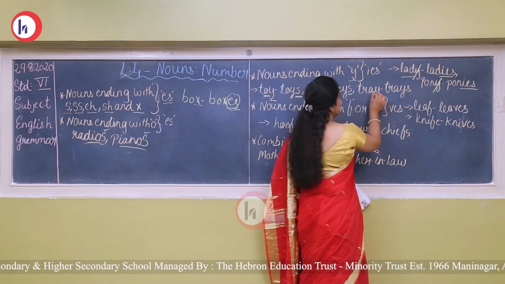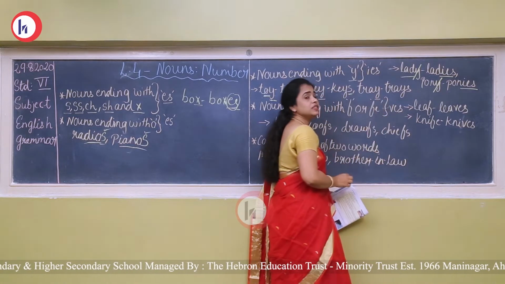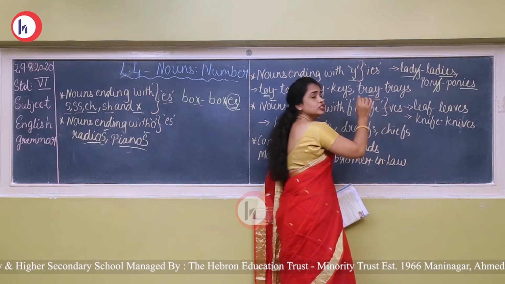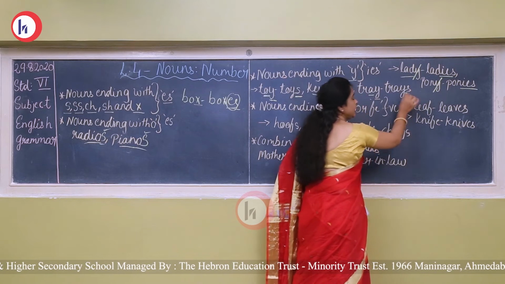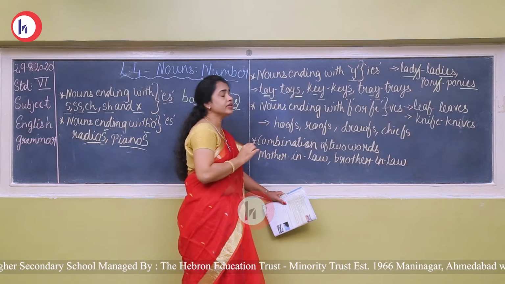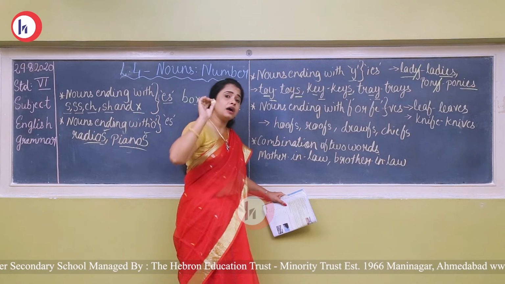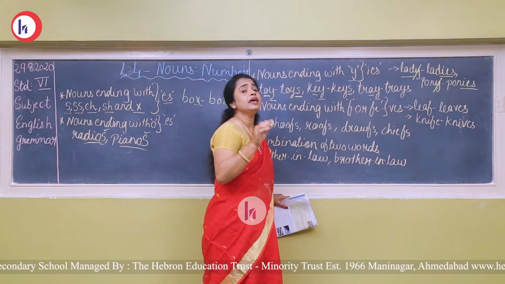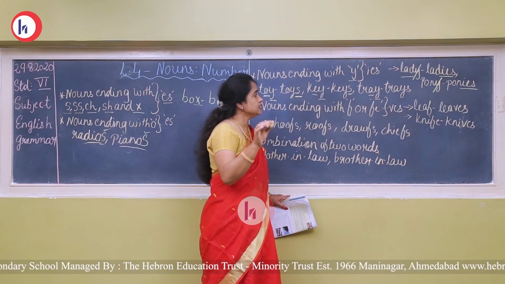Similarly, tray. Though this ends with a Y, it has a vowel preceding it, that is A. So we will just put an S, trays. So this is an exception you need to know regarding this rule. If a noun is ending with Y, the general rule is that you omit that Y and put IES at the end.